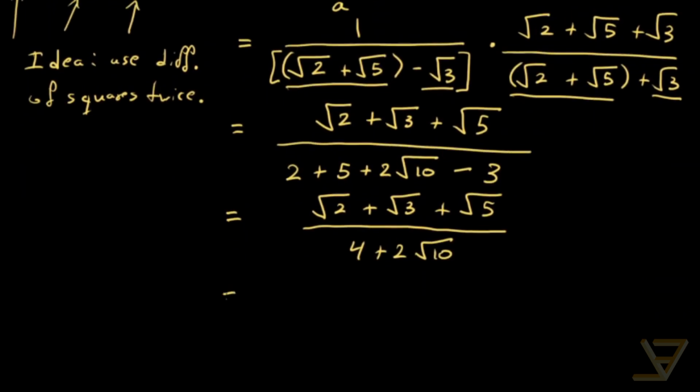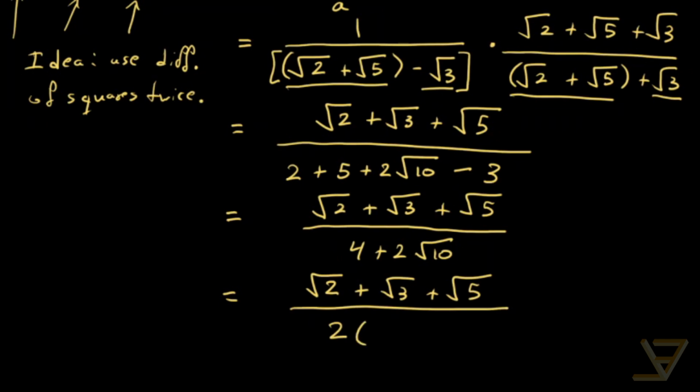One more step after this and then it'll become clear what to do. We have square root of 2 plus square root of 3 plus square root of 5 divided by, we're going to factor out a 2 from the denominator, so we get 2 plus square root of 10.